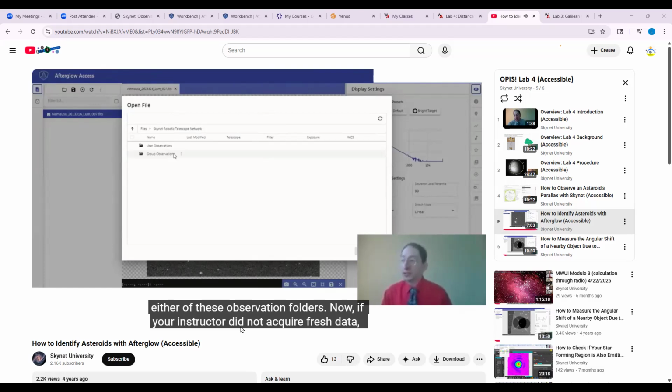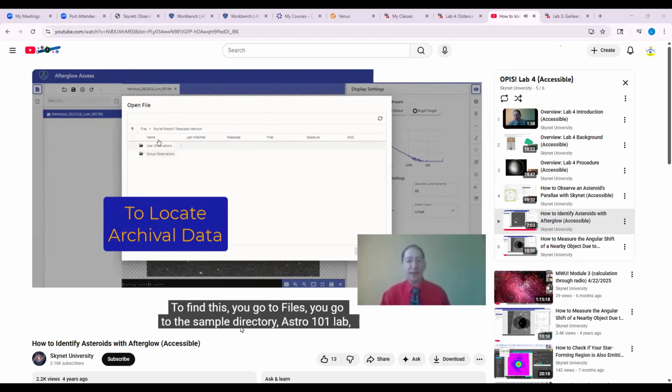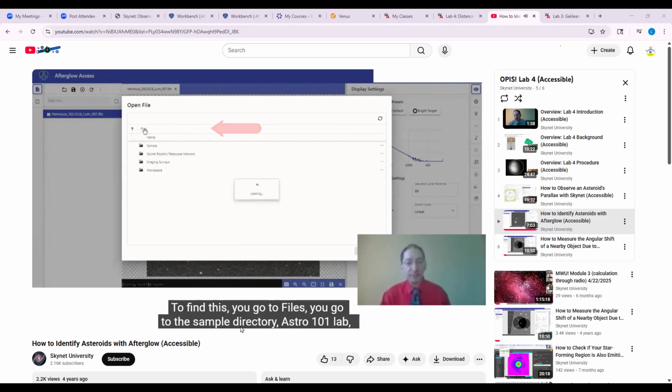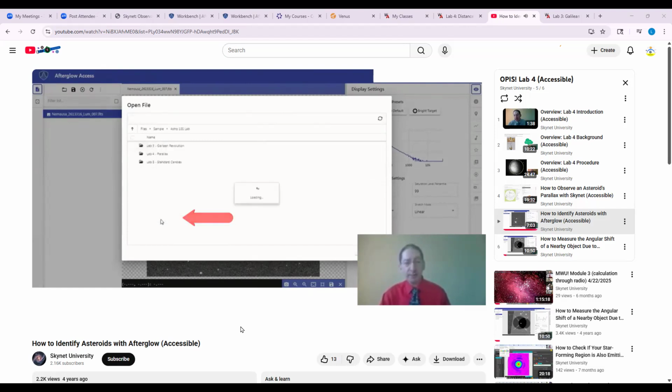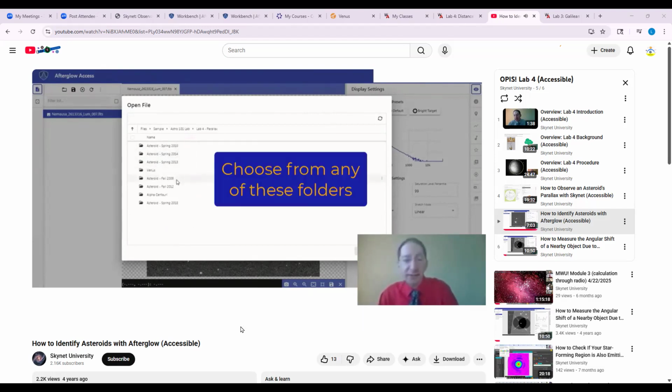If your instructor did not acquire fresh data, you're welcome to use archival data of an asteroid acquired by the SkyNet team some time ago. To find this, you go to Files, the sample directory, Astro 101 Lab, Lab 4 Parallax, and here you can see a handful of asteroids acquired in different semesters.